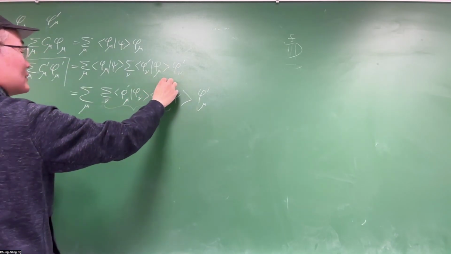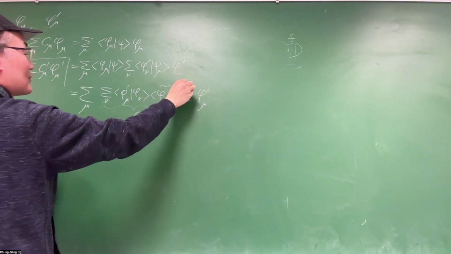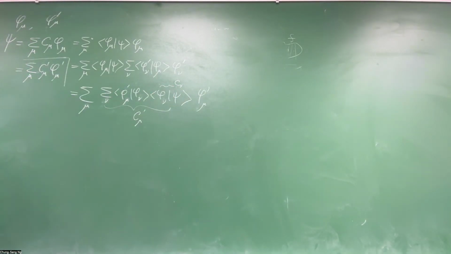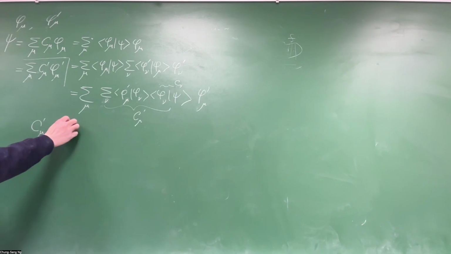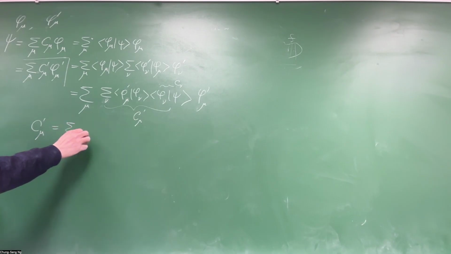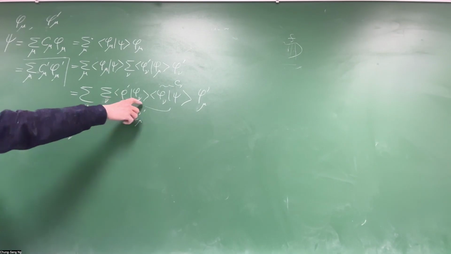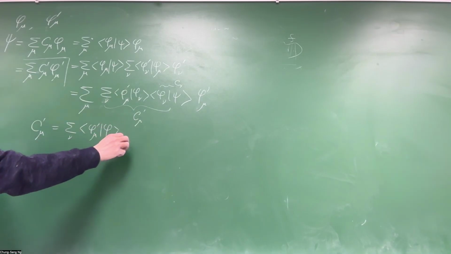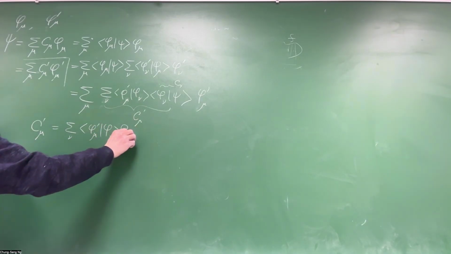So this is what we call the original C sub nu. So that the equation would be C sub mu pi equals the sum over nu of this object multiplied with C sub nu.